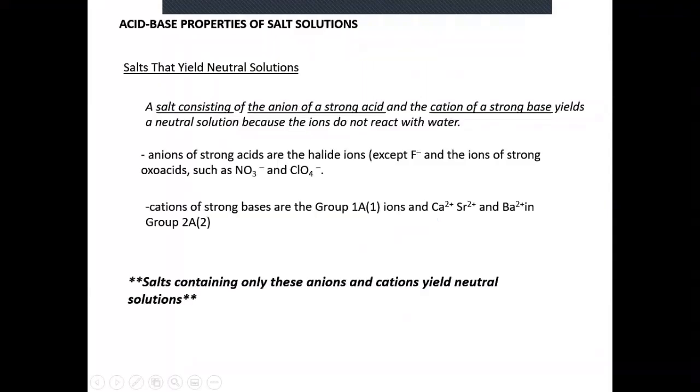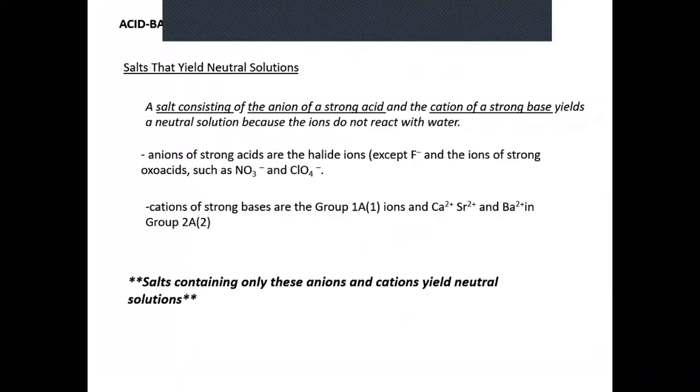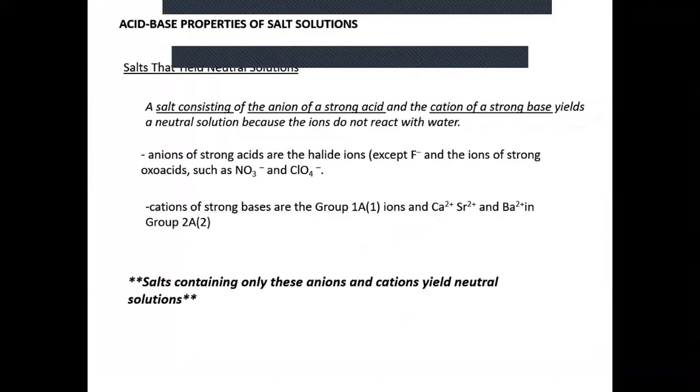So I'd like to call this chapter 18, part 4 in this lecture series on acids and bases. When we're talking about salt solutions, there are three types. There are salt solutions that are neutral, so when you put them in water, there's no change to the pH.